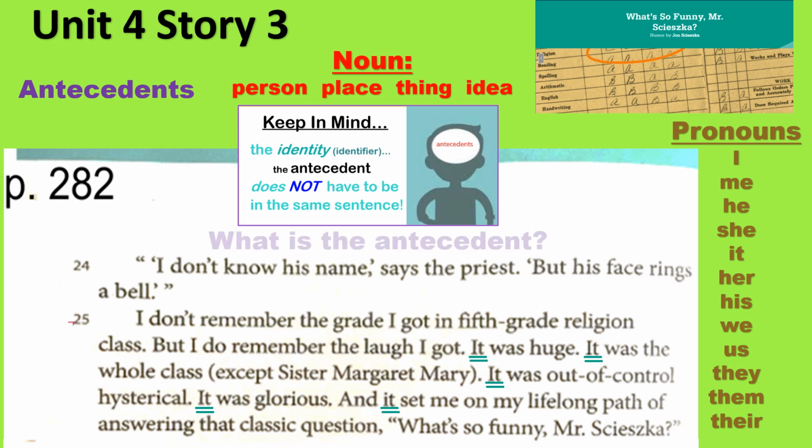And we have to go all the way back to the idea of the laugh, because that's what it is, right? The laugh was huge. The laugh was the whole class. The laugh was out of control, hysterical. The laugh was glorious, and the laugh was what set me on my lifelong path. So the antecedent is laugh, describing what it is that we're talking about.